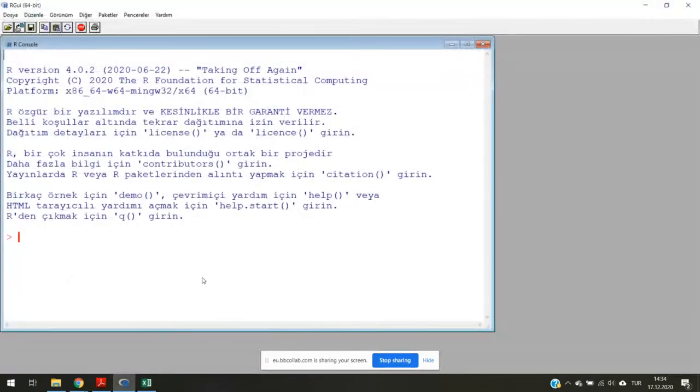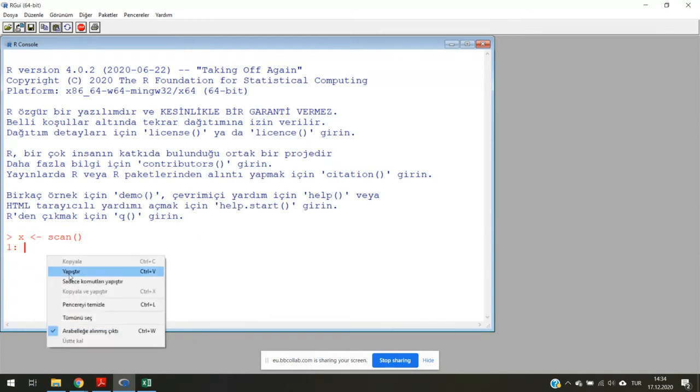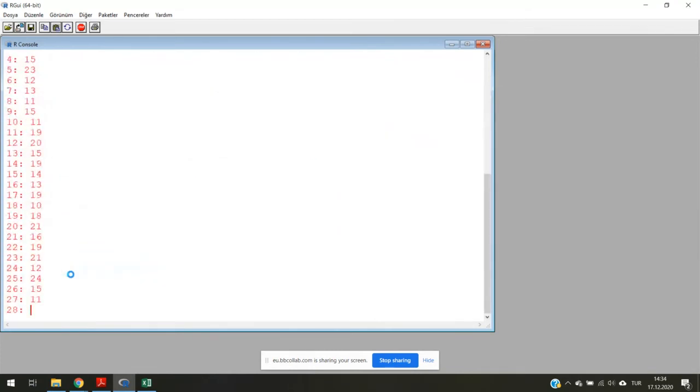Then we move to the R console and we are going to store these in a vector that is called X. So we write the scan function, scan. And when we press enter, it says, please write me down the first observation. Now, all you need to do at this point is to right click and paste everything. All of these values, which are separated by cells, will be written into a new index of this vector.